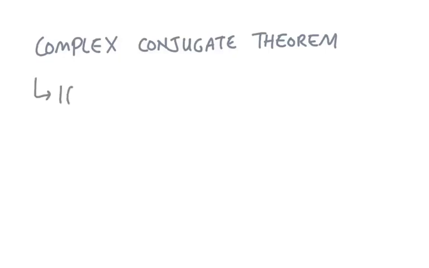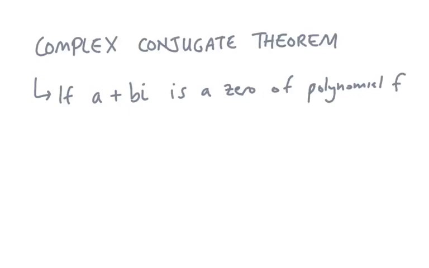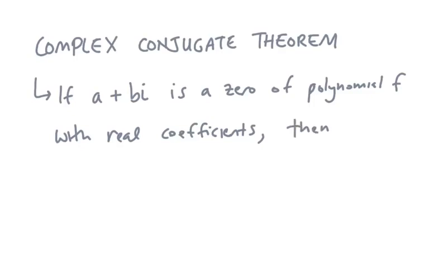It says if a plus bi is a zero of the polynomial, so I'll just make sure we're clear, it's a polynomial function, f, with real coefficients, so the function itself has real coefficients, then we can guarantee ourselves that the conjugate of that zero is also a zero.